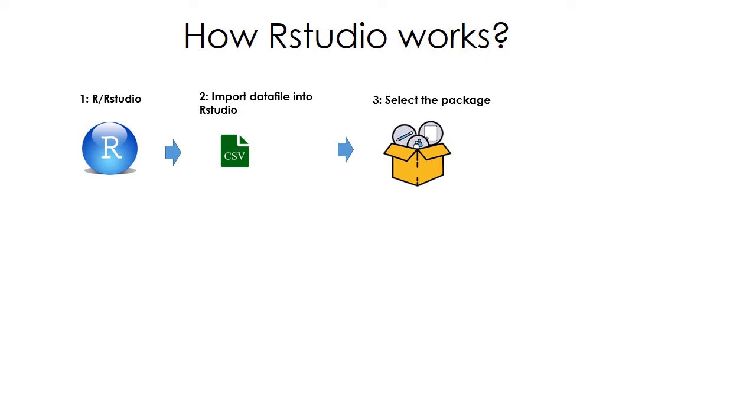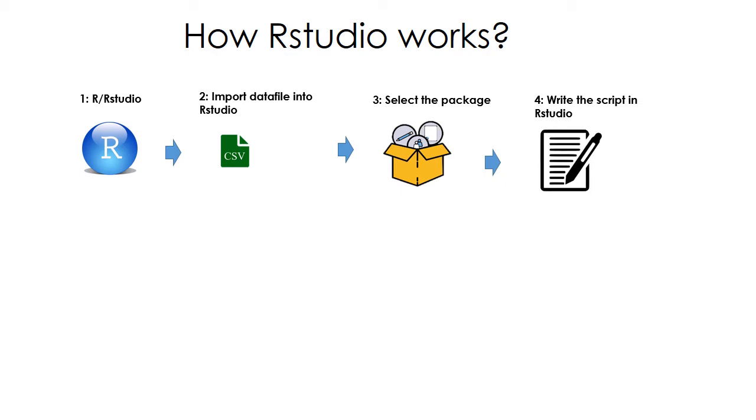Okay, so in R Studio, a package consists of information or functions that are specific to a particular analysis. So just like in SPSS, if you want to run a certain function or a certain analysis, you select a particular option. So here it is called a package.